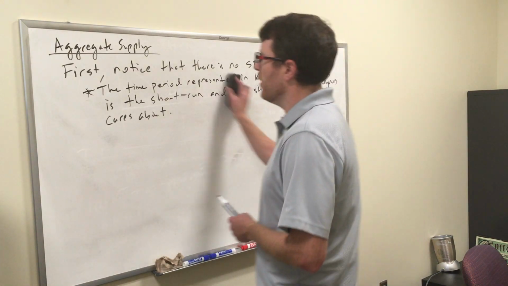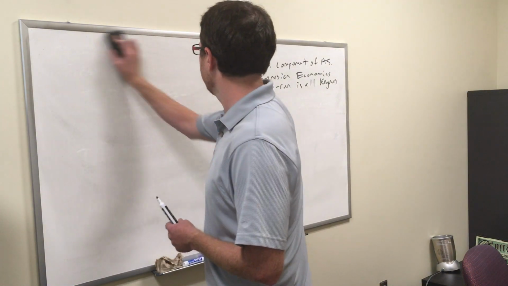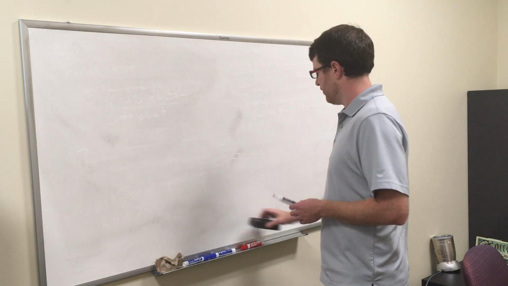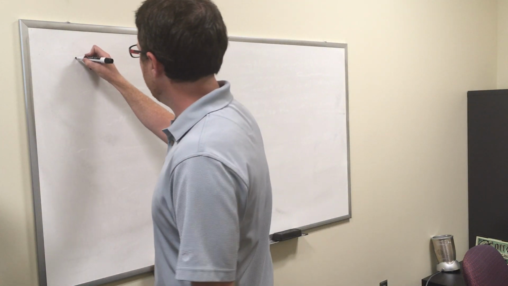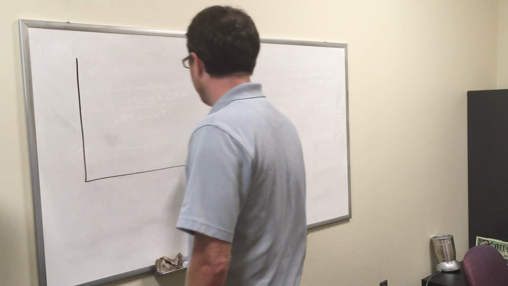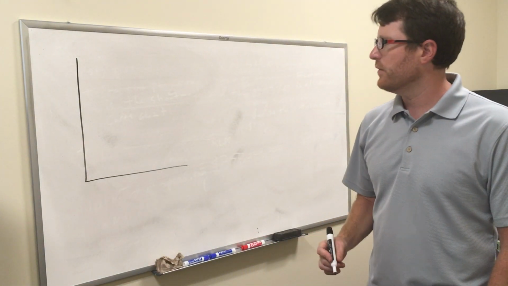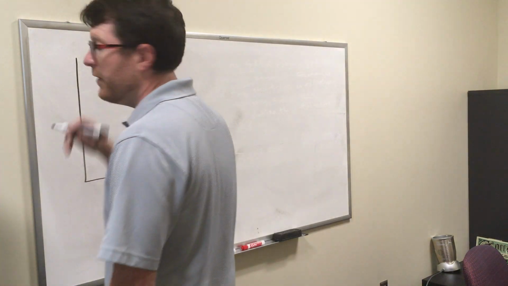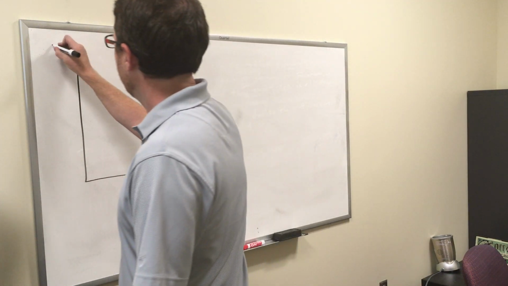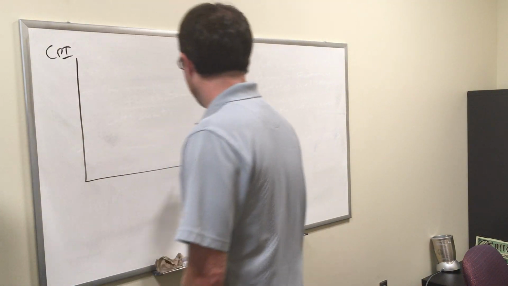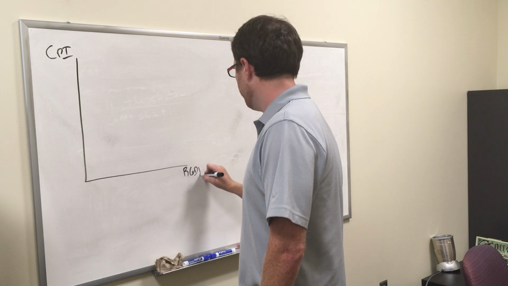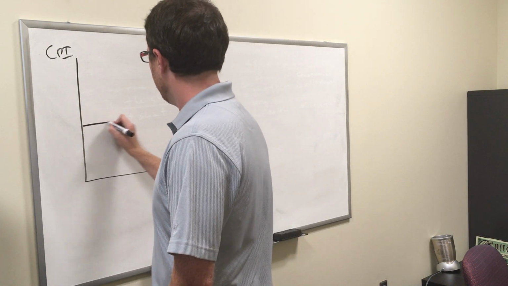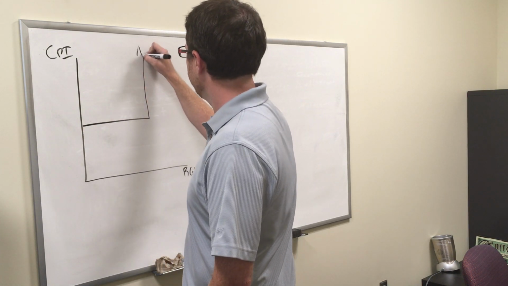The second thing we need to talk about is the shape. And this is going to take a decent amount of time to discuss. This is the hard part of this video that I'm showing you now. So here's our CPI. Here's our real GDP. Here's our aggregate supply.